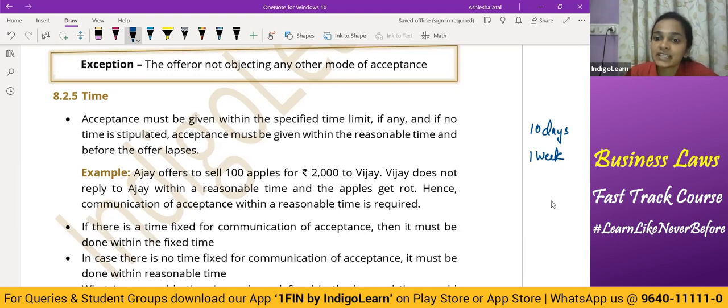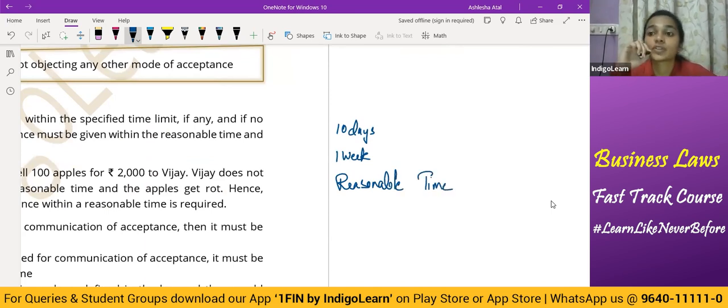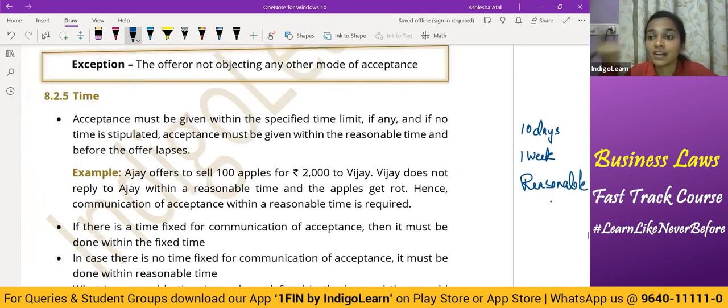So if a time is fixed, then the communication of acceptance must be done within that fixed time. However, if there's no time which has been fixed, it has to be within a reasonable time. What is reasonable time will differ from situation to situation and case to case, depending upon what the offer is. In some situations, 1 week would be a reasonable time. However, in some situations, 1 month would be a reasonable time.